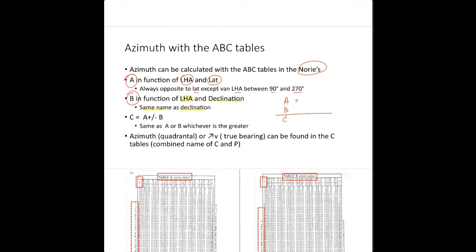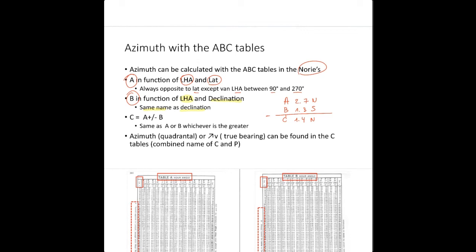So if you have a value of A which is 2.7 north, and B 1.3 south, for example, then you have to subtract, and this will give you 1.4. C will get the sign of whichever is the greater, so in this case it's north.